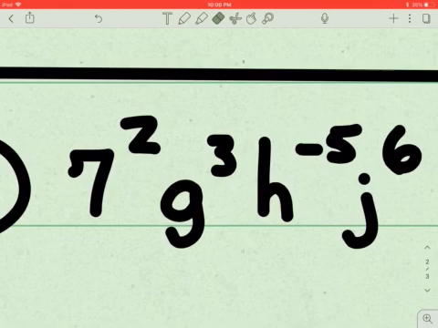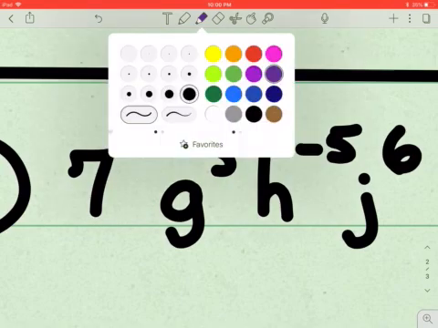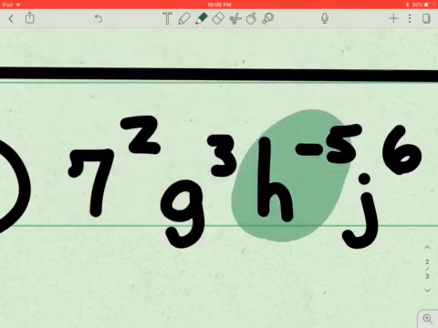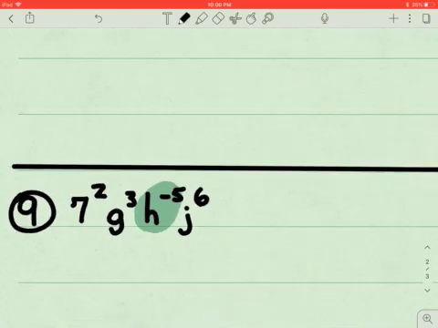So step 1 is I find my negative exponents, and the only one I see is right there. Everything else is going to stay in the numerator, while that's going to flip down to my denominator.